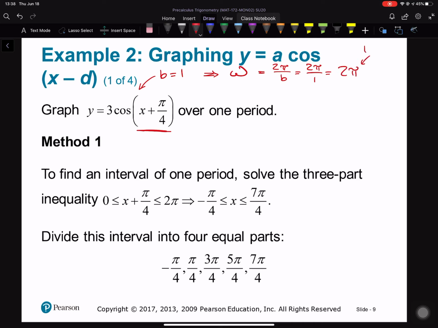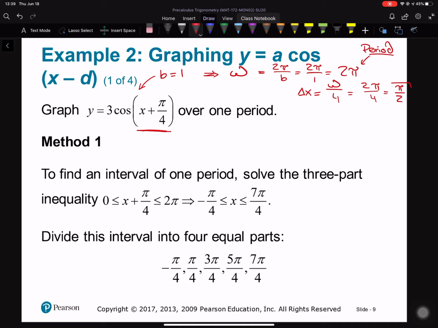We want to break the period up into 4 equal parts, as I said in that last video. So our change of x would be the period divided by 4, in this case 2 pi divided by 4, or pi over 2.